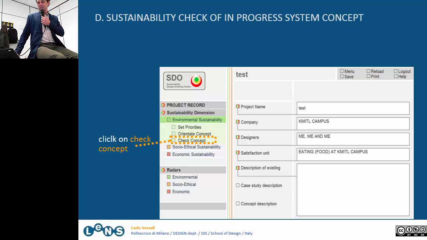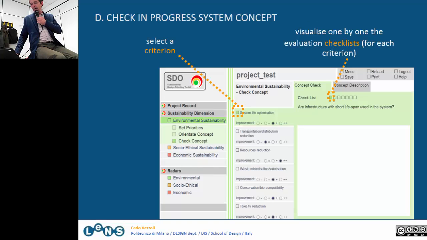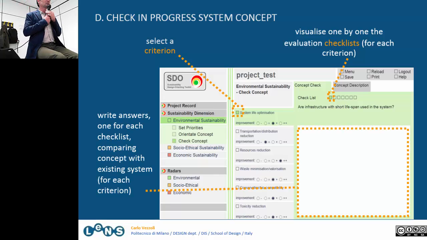So you click on check the concept, and you access a similar page. So you have the 6 criteria again. You have again the checklist. So they are the same questions, and you answer those questions in relation to the existing system.